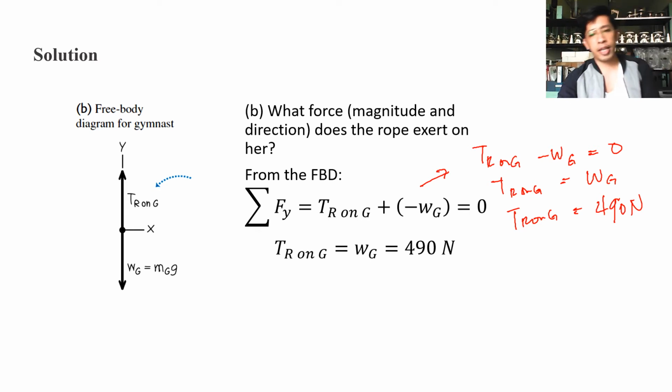If, on the other hand, the weight is greater than the tension that the rope exerts on the gymnast, then your gymnast will accelerate downwards. So since we're talking here about equilibrium, the tension that the rope exerts on the gymnast and the weight of the gymnast are forces with the same magnitude, but they are in opposite directions.